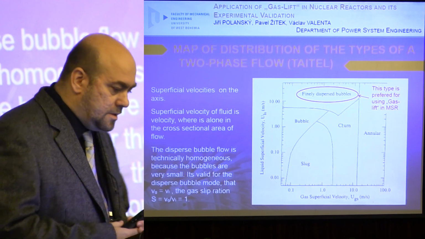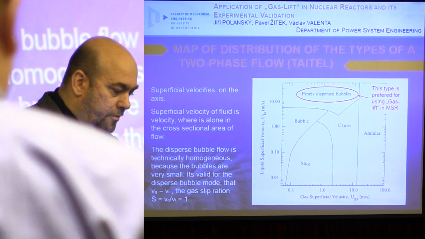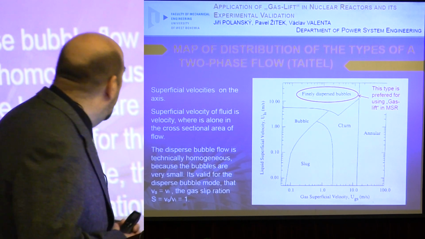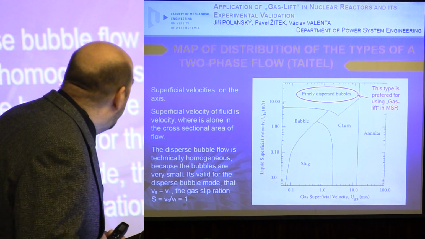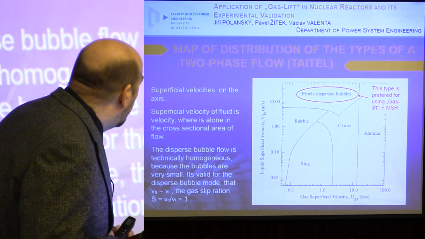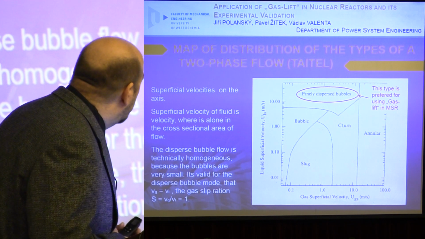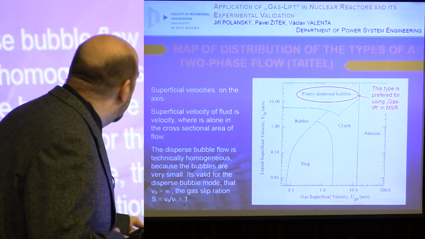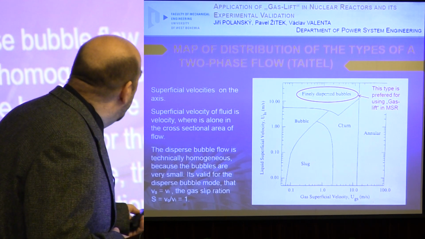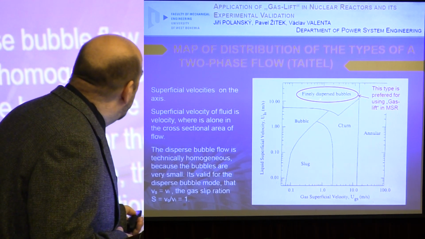On the axis, you can see the superficial velocity. On the X is for the gas, and Y is for the liquid. And we recognize several types. For example, the slug is important for mining, and for us the dispersed bubble flow is much more important.